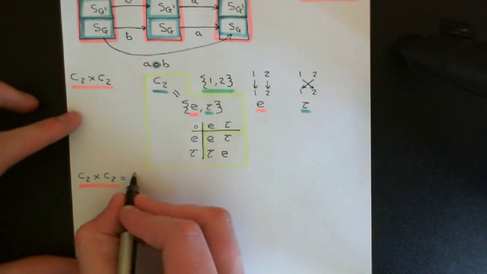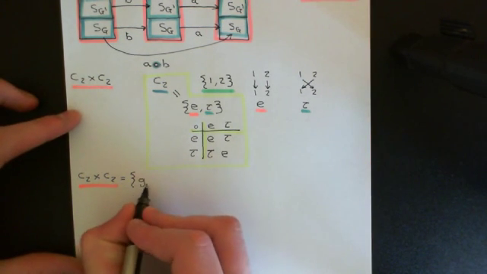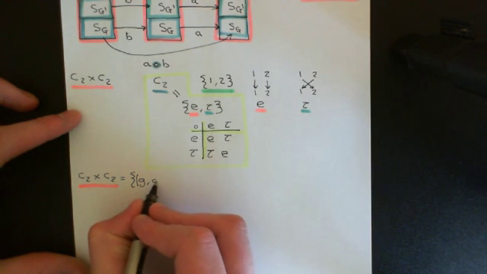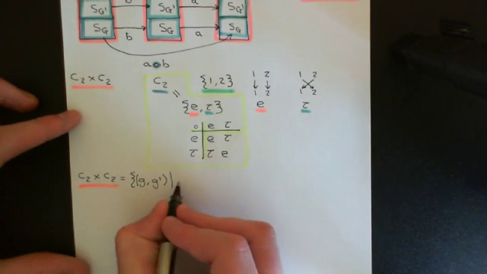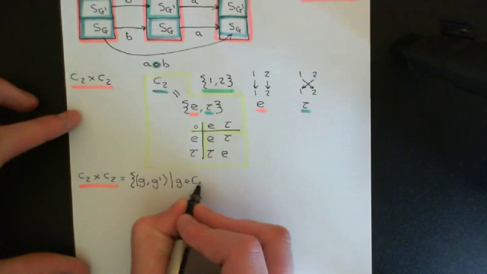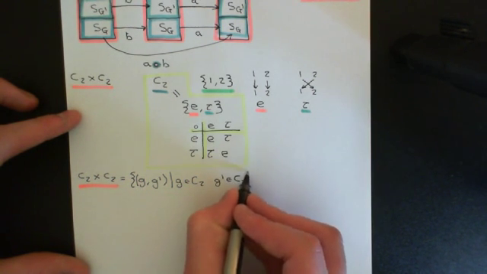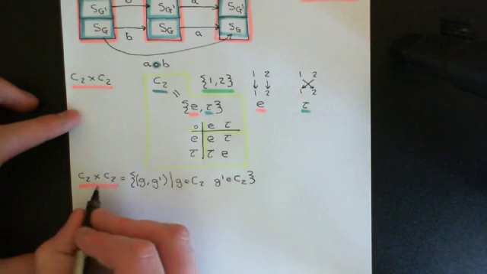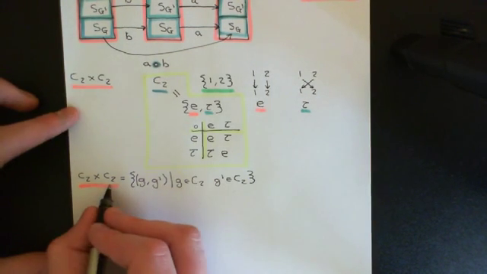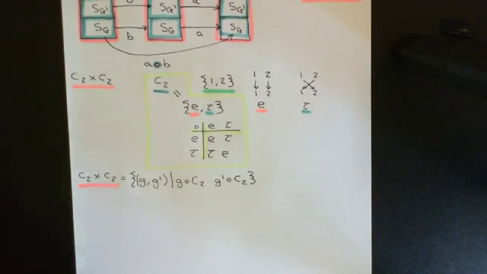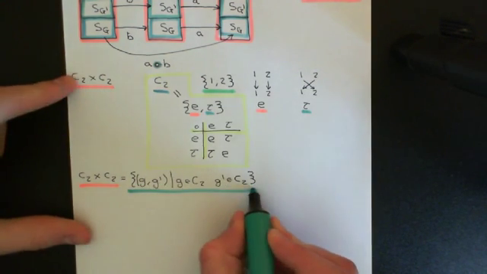So let's go through this. I want to construct the set of ordered pairs g, g prime, where little g is an element of C2 and little g prime is an element of C2. C2 here is the first set, C2 here is the second set, or rather groups. So I want to construct this set.